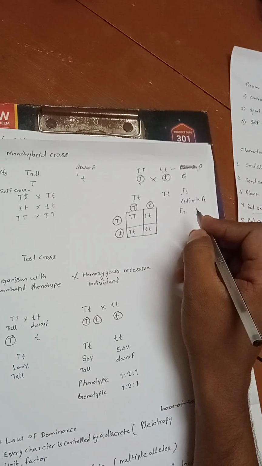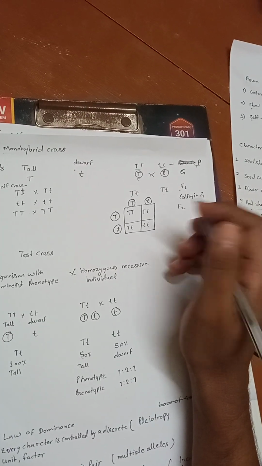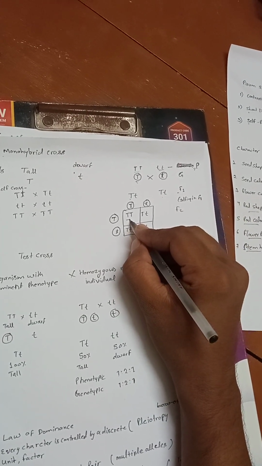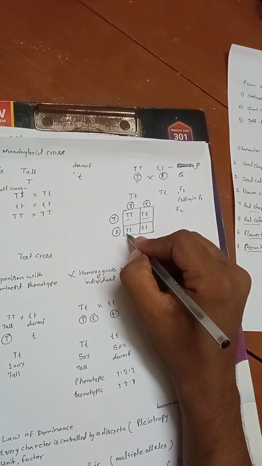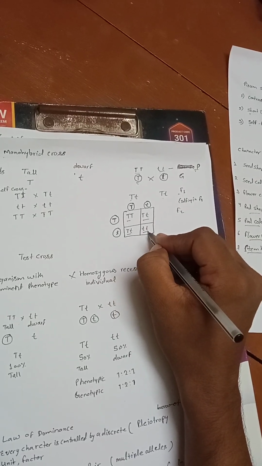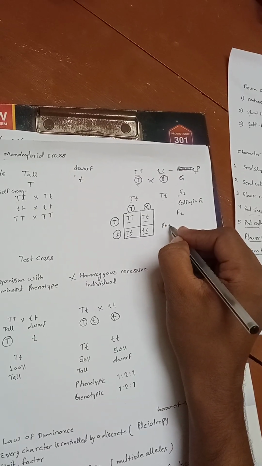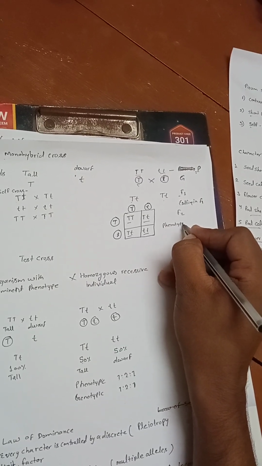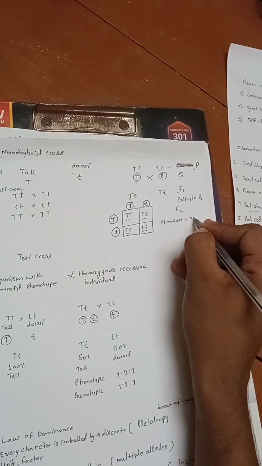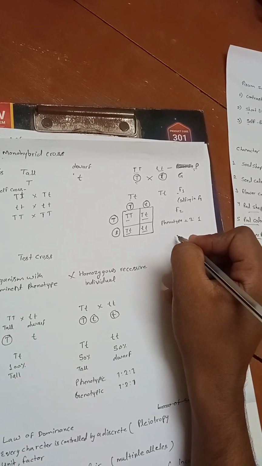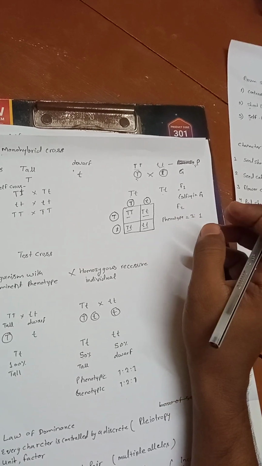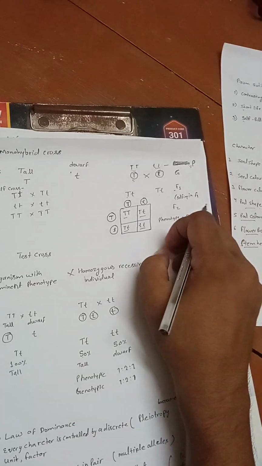In the second filial generation, Mendel got capital T capital T, capital T small t, capital T small t, and small t small t. Here, in phenotype, Mendel got 3 tall and 1 dwarf.